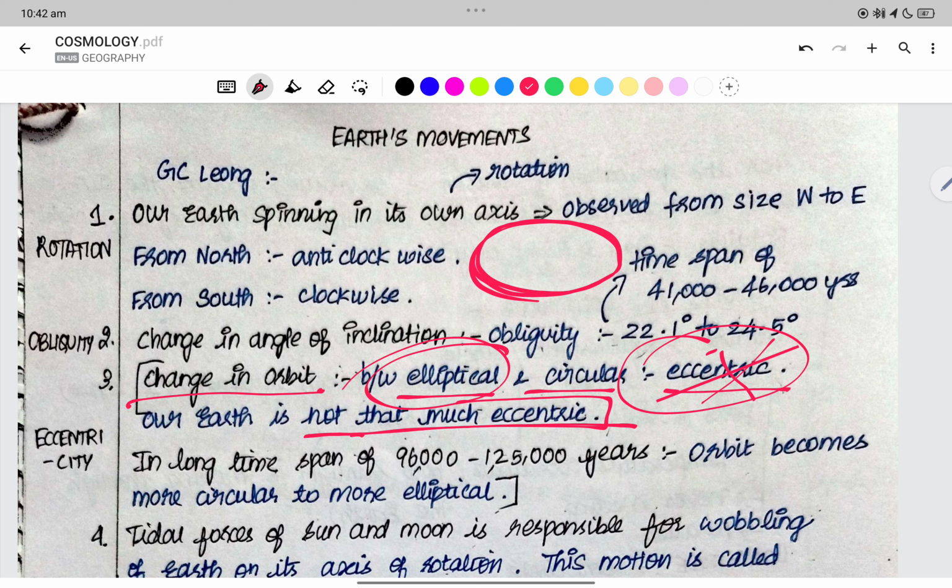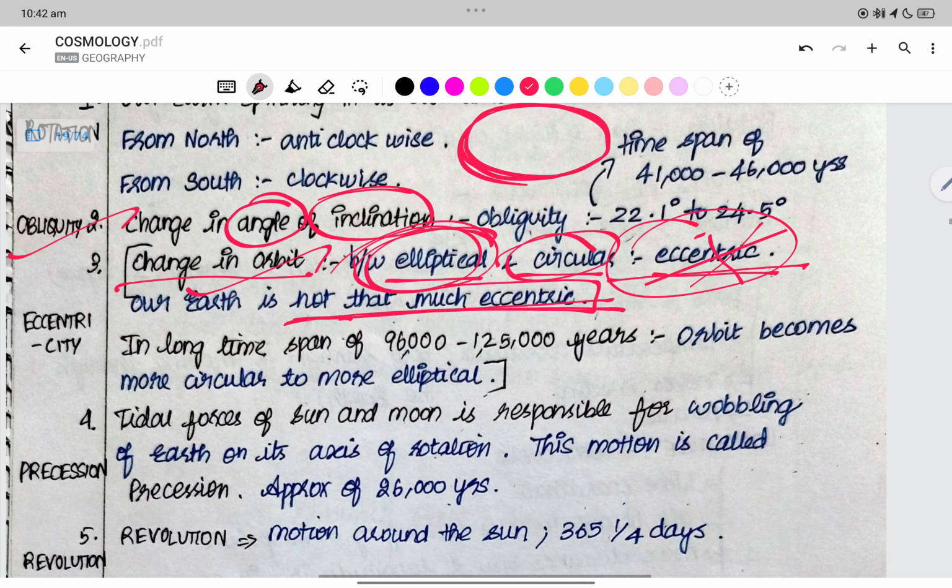So the change in the axis angle of inclination is what we call obliquity. Now the change in the orbit between the elliptical and circular is eccentricity. Our earth is not much eccentric.